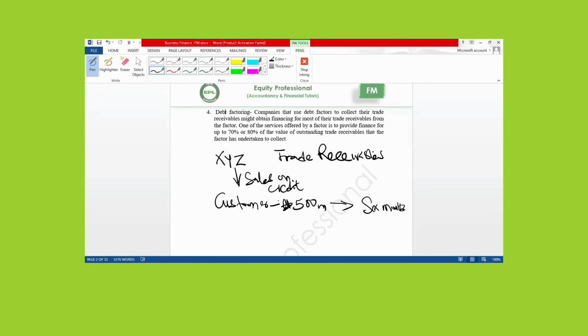Whoever collects debt on behalf of a client is called a factor. You can act as a factor. You approach companies that make sales on credit, and you help them collect their trade receivables from their customers.